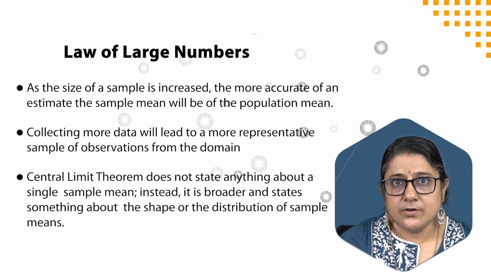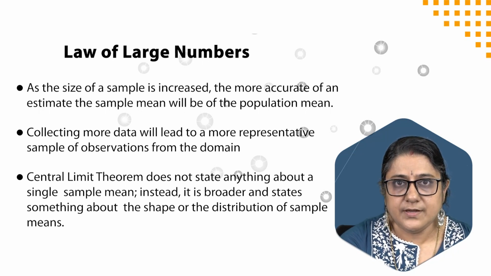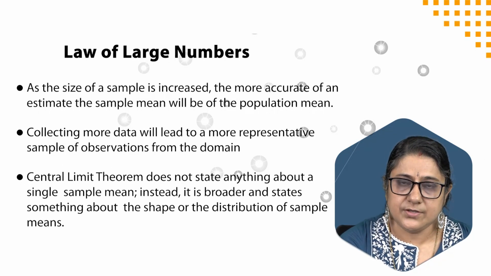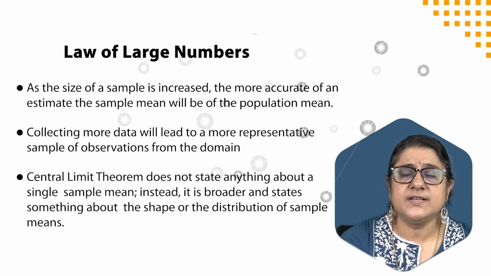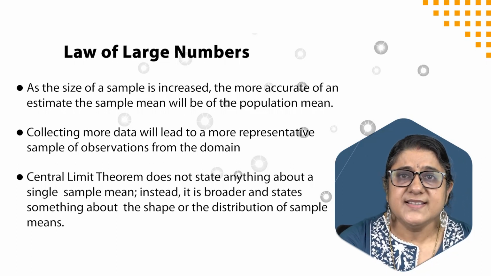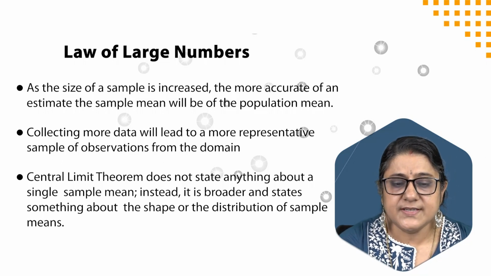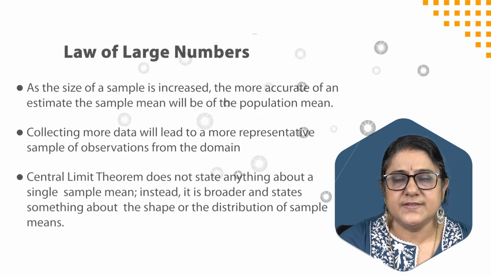If we collect a lot of irrelevant data, which is also called noise data, then it won't be helpful in representing the actual population. So what is the difference? The central limit theorem does not state anything about a single sample mean. Instead, in a broader sense, it states something about the shape or the distribution of the sample means.